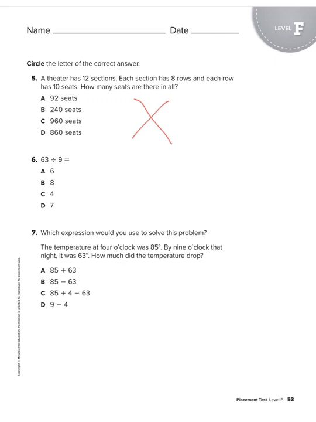So your key word here, how much did the temperature drop? Would that be addition or would that be subtraction? You don't have to solve it. You just have to tell me what operation you would use for the temperature dropping.